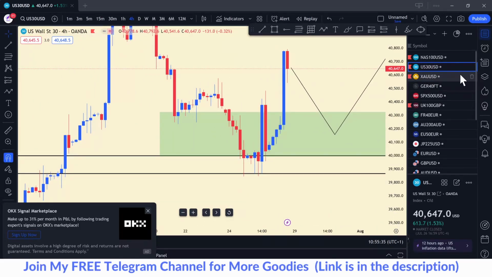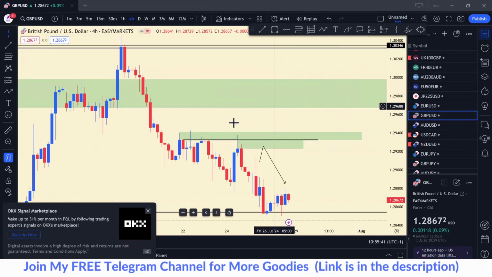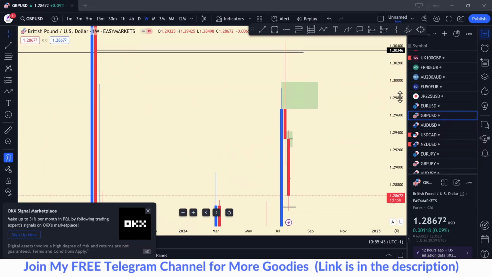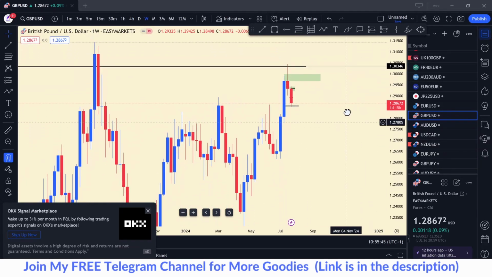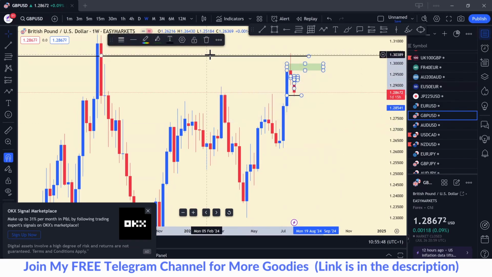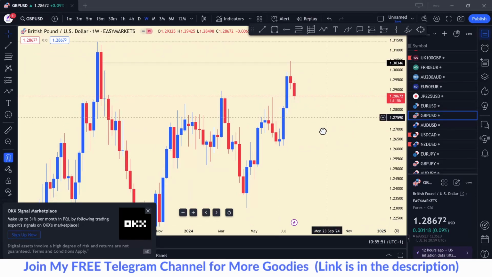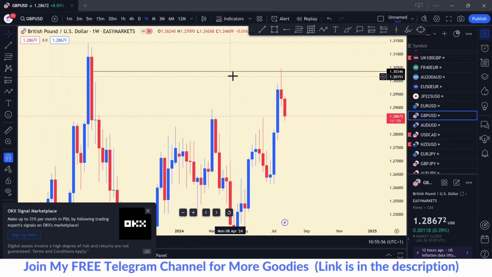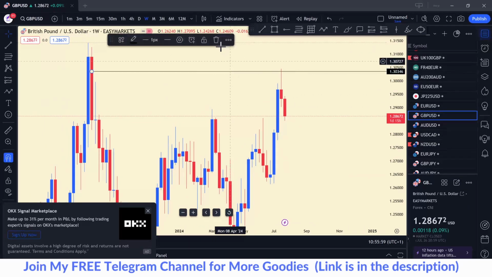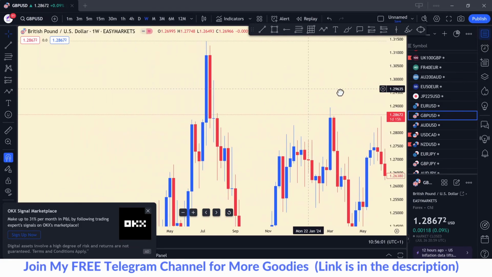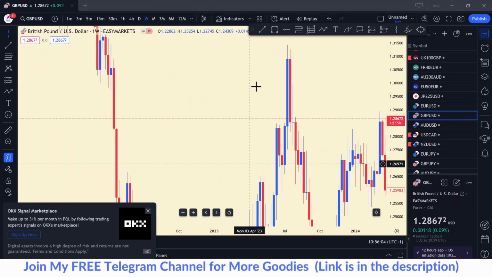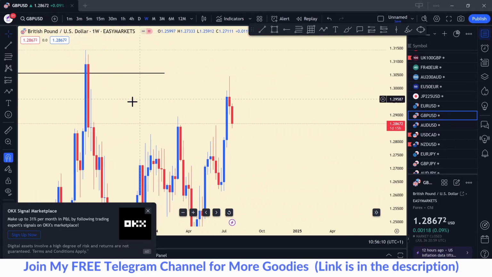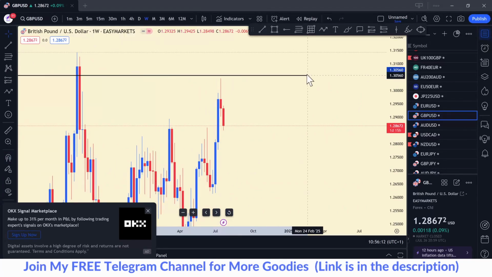Let's take a look at pounds USD for directional bias. Then we look at Euro USD, and then we look at gold. So on the weekly, pounds is moving. We didn't get any form of rejection. Let me see if we tap into this area. No, we missed it.